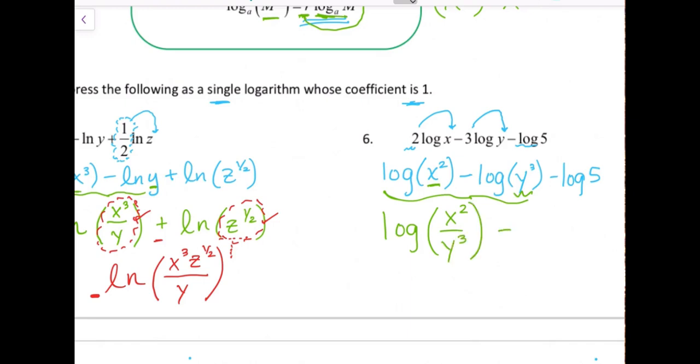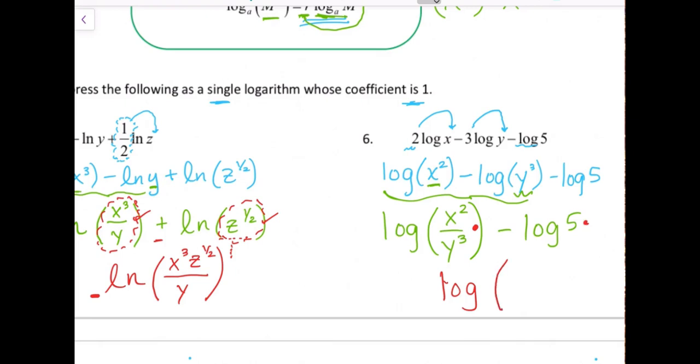So there's that one, and I still have to do another subtraction. And now I want to do that subtraction, which is going to result in a single logarithm where I take this argument and divide by that argument.